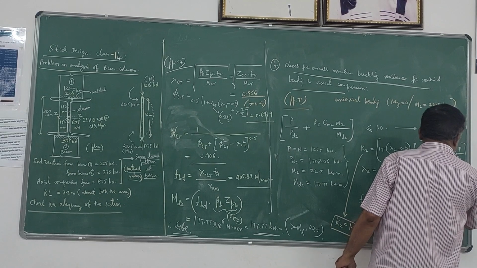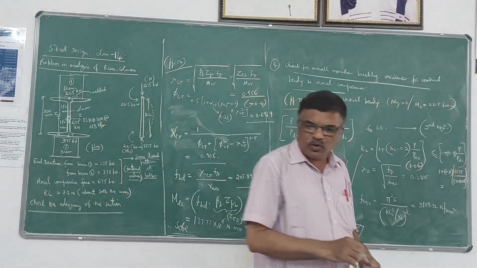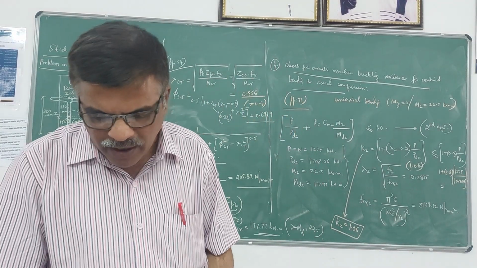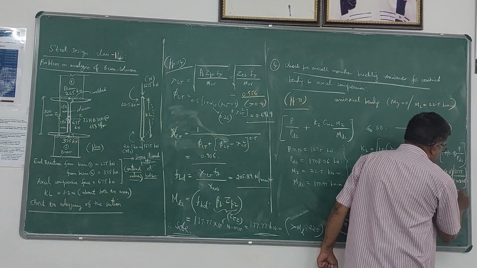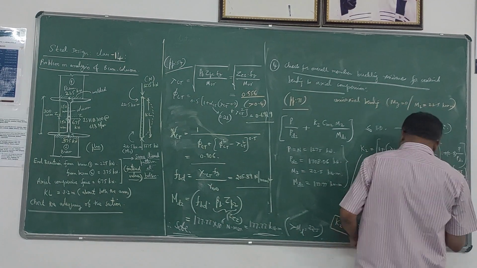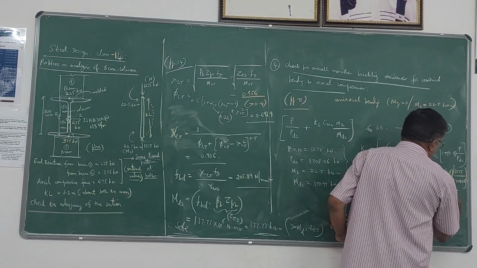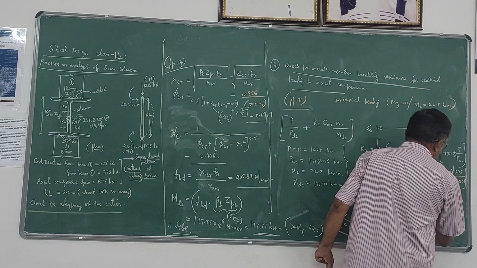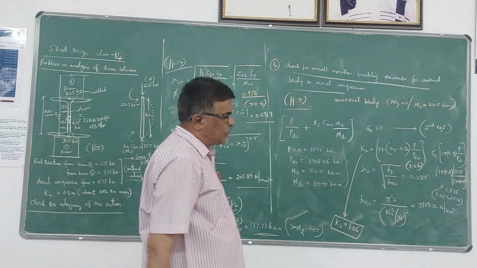So take the ratio, multiply by 0.8 and add 1 to that. You will get that value as 1.576. Naturally, the value we got, 1.06, is less than 1.576. Therefore, that criterion is satisfied.